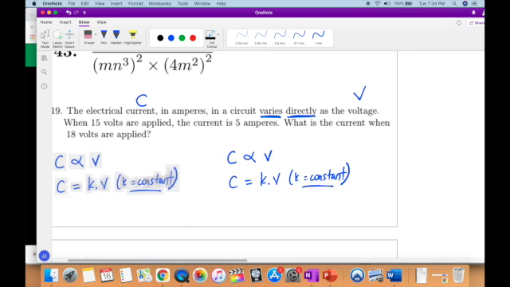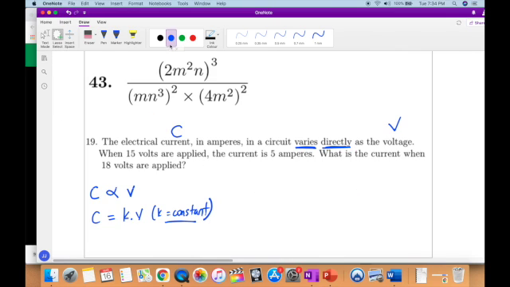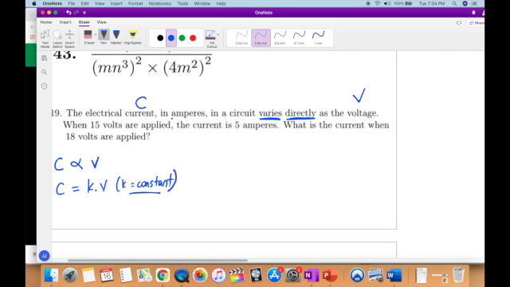So we have to find out now what the special number K is. Yeah? How do we do that? Well, maybe the question will help us. What they say here now is, when 15 volts are applied, the current is 5 amps. So look, they give me a value for V and a value for C. So V is 15, the current is 5 amps.